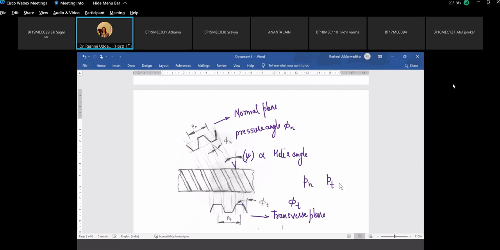Where P is the pitch along the transverse plane. Pitch is the distance between a given point on the gear tooth to the corresponding point on the adjacent gear tooth. This is the pitch. So what is the relationship between pitch in the normal plane and pitch in the transverse plane if this angle is alpha?